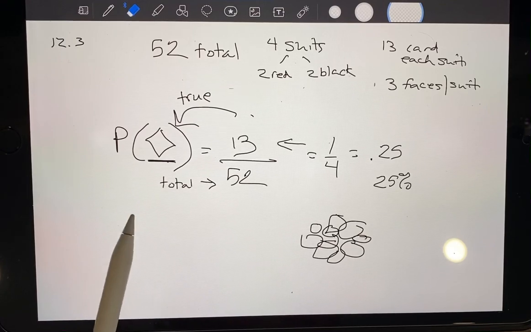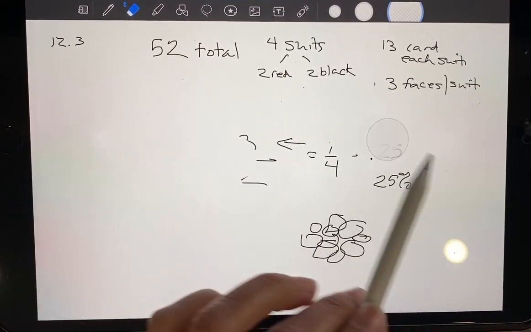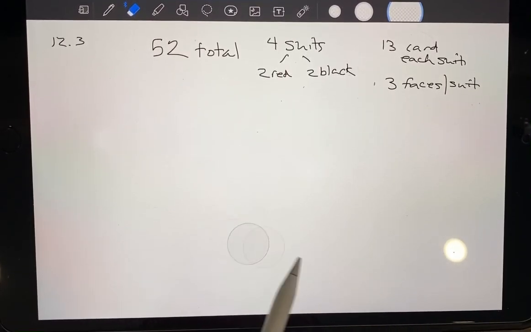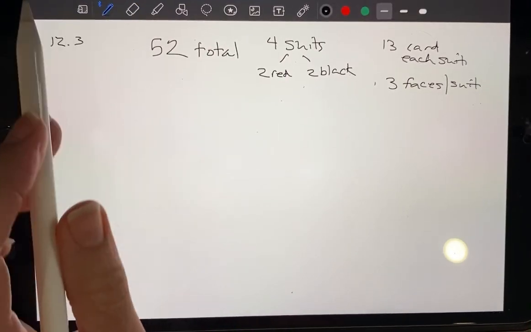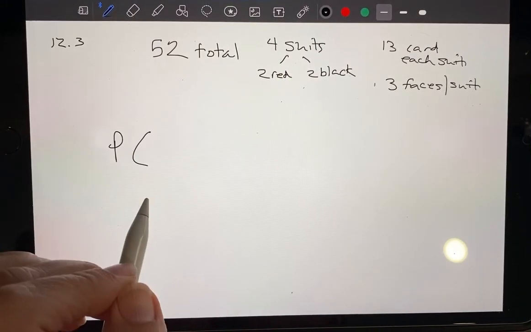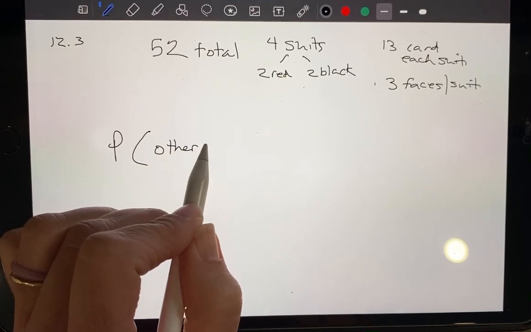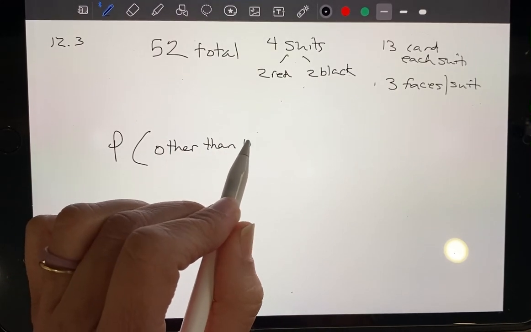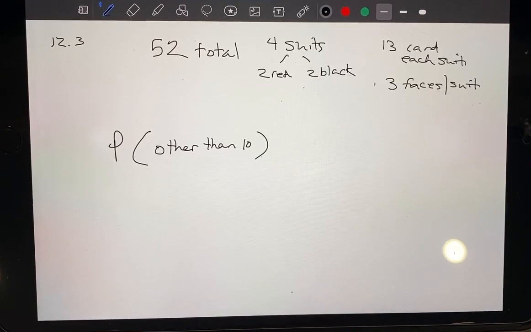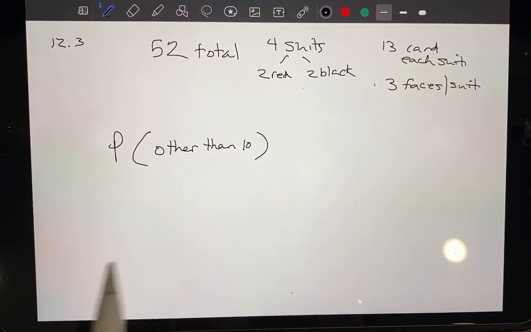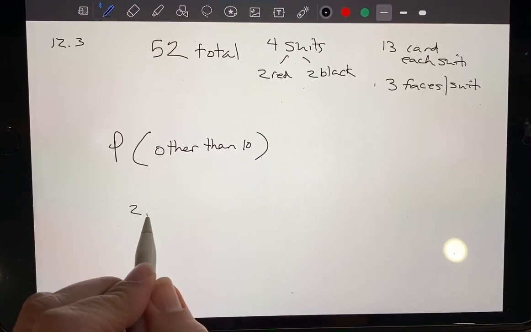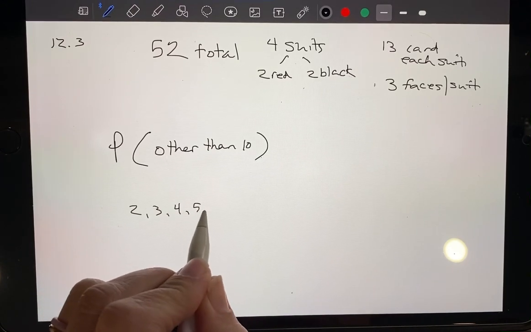Okay. Now, if we look at 22, it says we want the probability of drawing a card other than 10. So other than 10. Now this one, we're going to use some logic with it. So if I draw a card other than a 10, I have this huge long list.